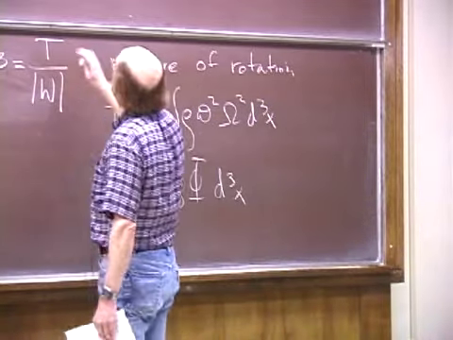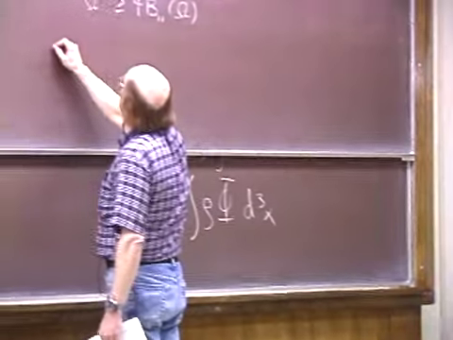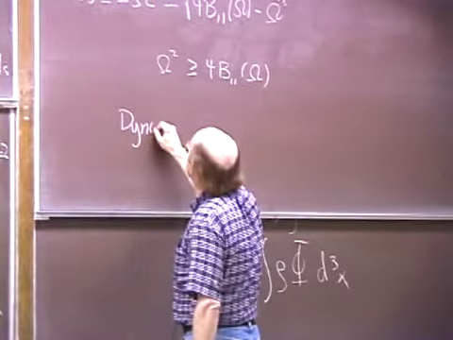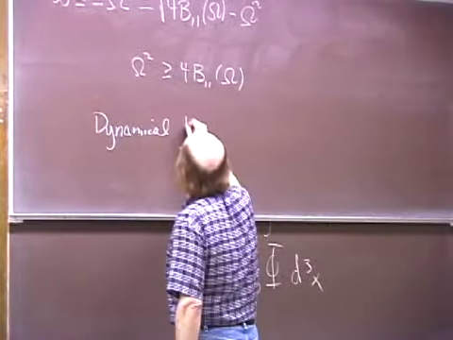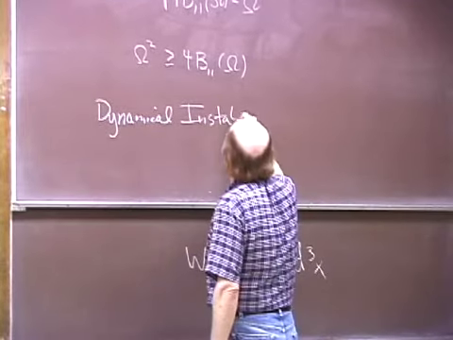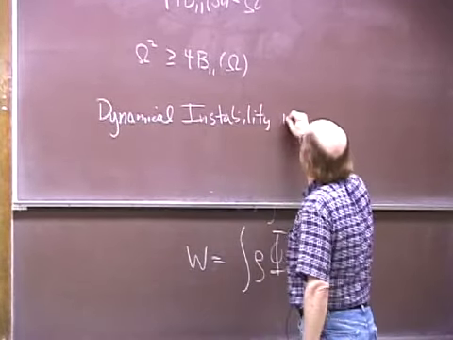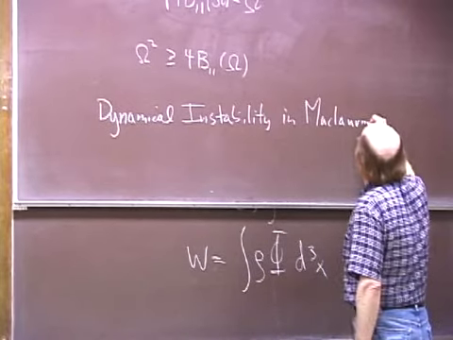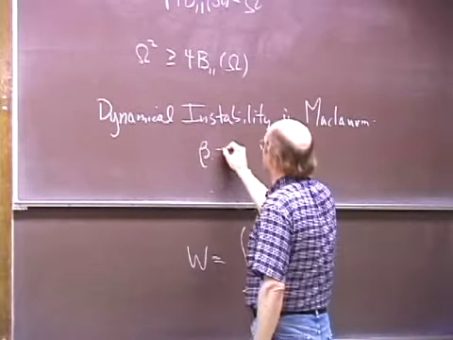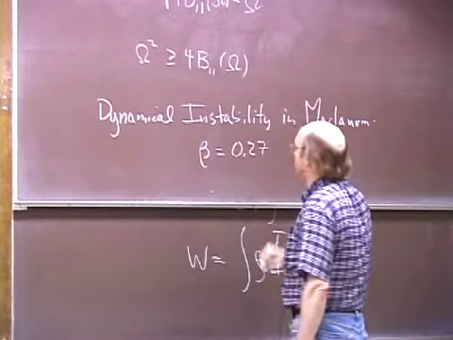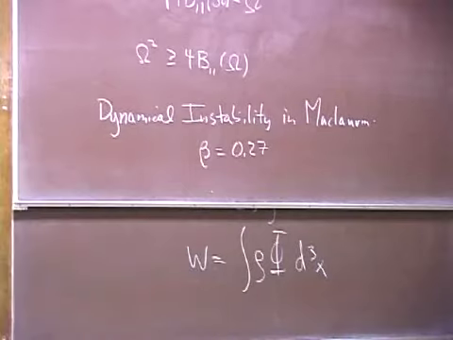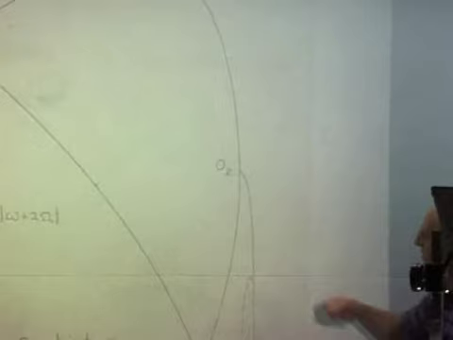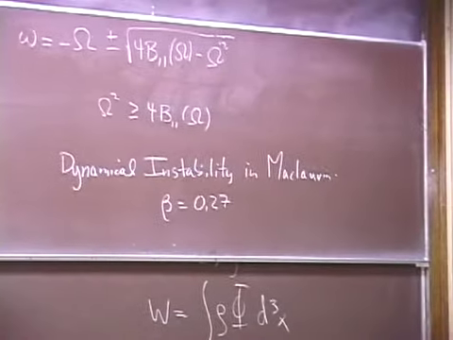Maclaurin spheroid. The dynamical instability in Maclaurin spheroids occurs at beta of about 0.27. That's the point where these two modes join and where the square root, which I have now erased, goes imaginary.